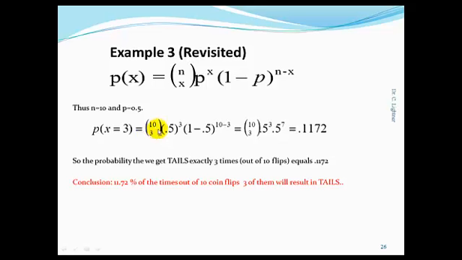If we do this, we should obtain 10 choose 3, times p, which is 0.5, to the x power, which is 3, times 1 minus p, or 1 minus 0.5, to the n minus x, which is 10 minus 3, power. Before entering this into our calculators, we should simplify this expression.